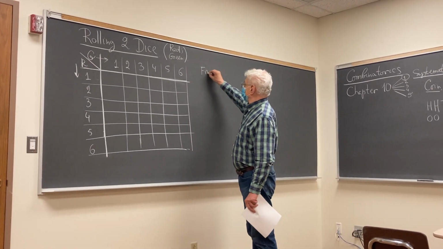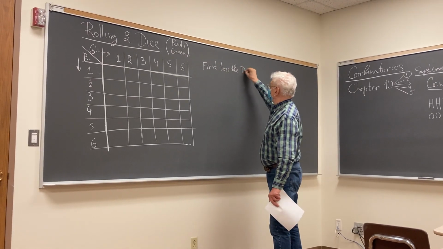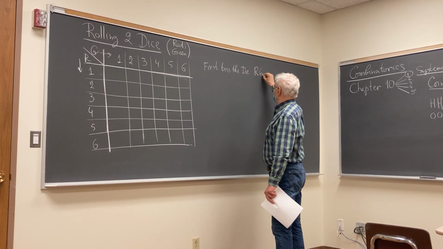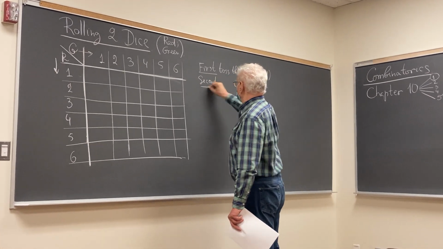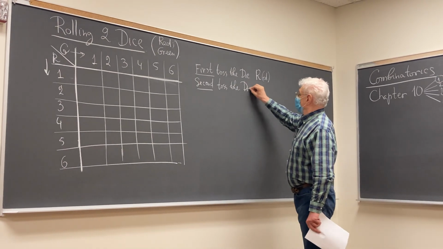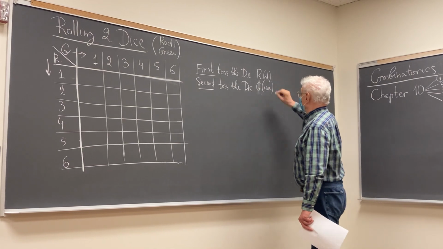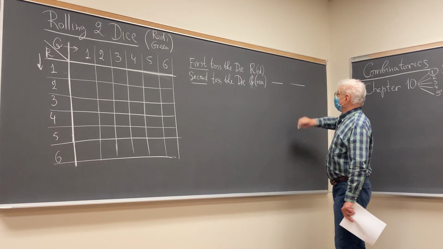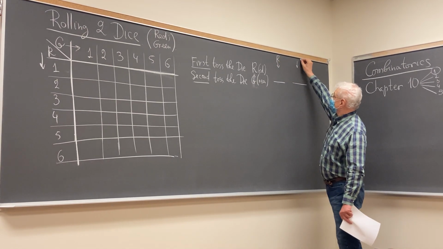So first, toss the die R, red. Second, toss the die green. So again, as in the previous case, you have six possibilities for each. This will be for red, and this will be for green.